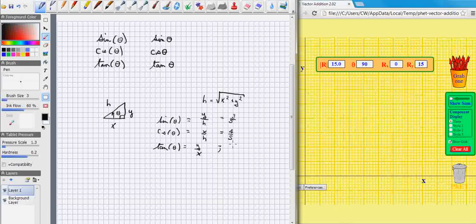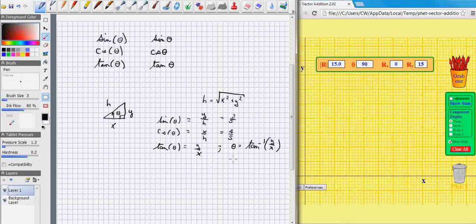This allows us to say theta is equal to tan minus 1 of y over x. You can just say tan minus 1 of y over x, or you can say the angle whose tangent is y over x.